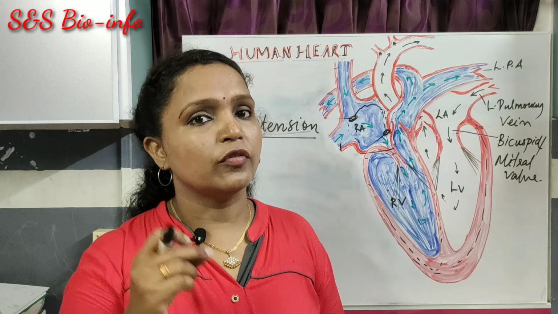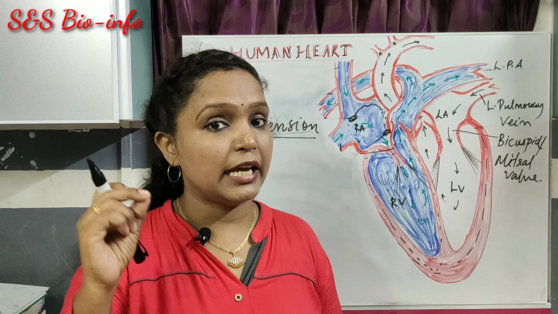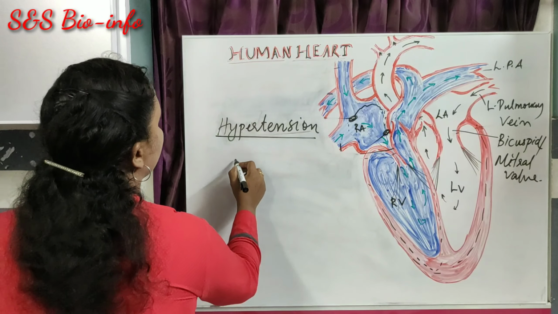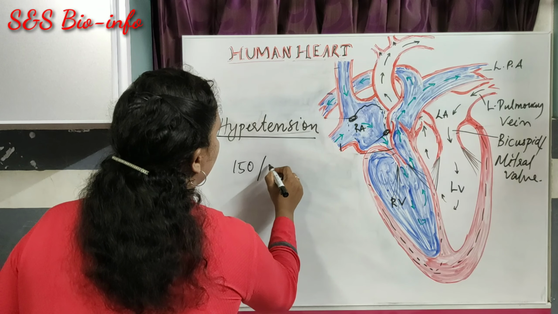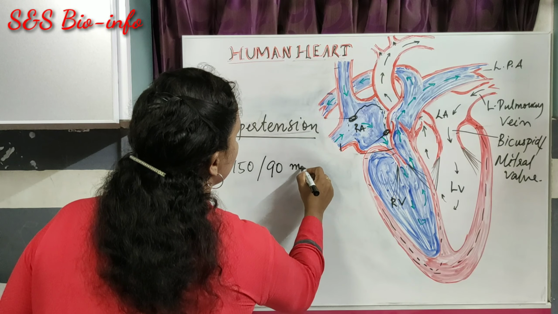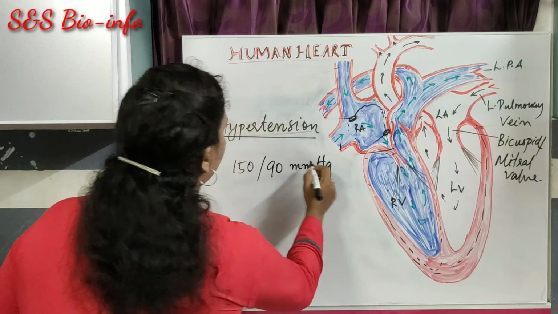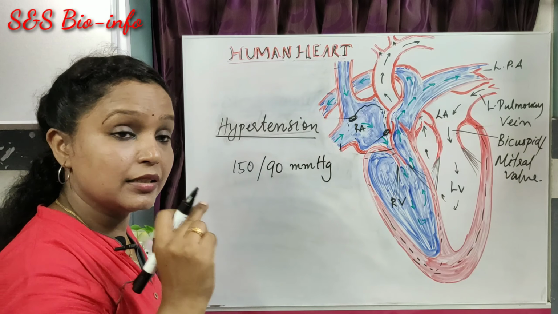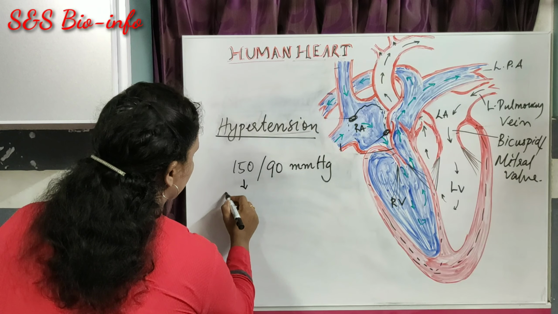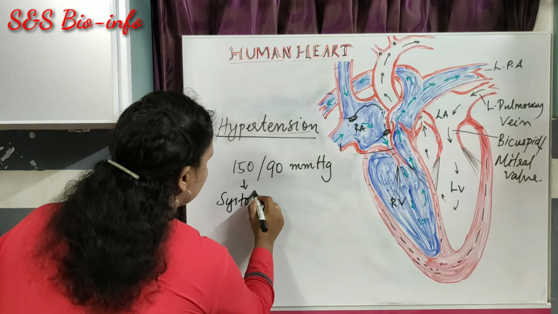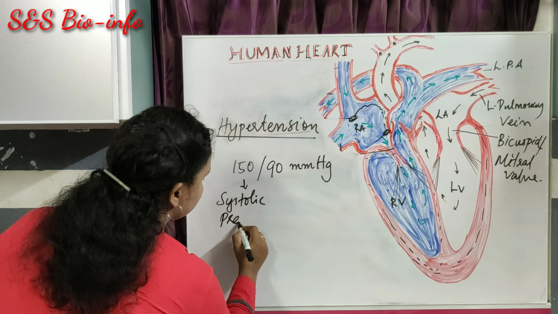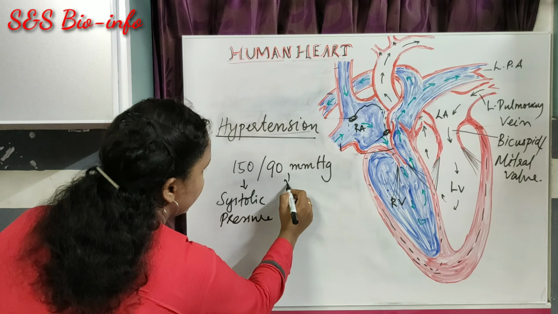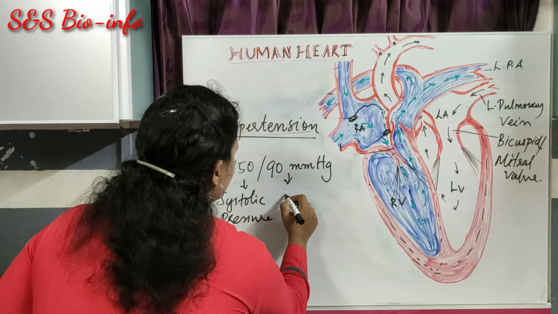It is about 150 to 90 mmHg. Here 150 is the systolic pressure, while 90 is the diastolic pressure.